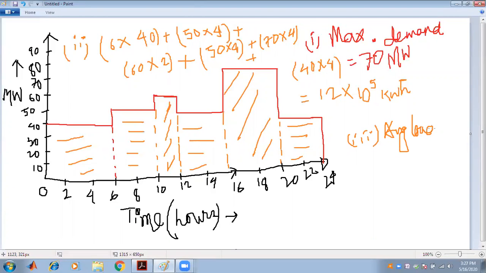The total energy generated is 12 into 10 to the power 5 kilowatt hours, divided by 24 hours a day. Kilowatt is multiplied with hour, so it is called kilowatt hour, and divided by the hour. So it is 50,000 kilowatt.